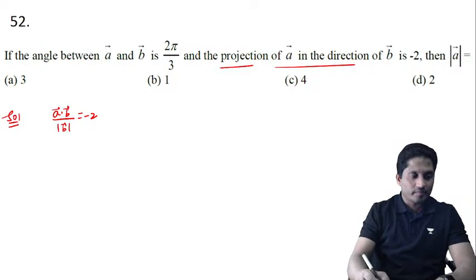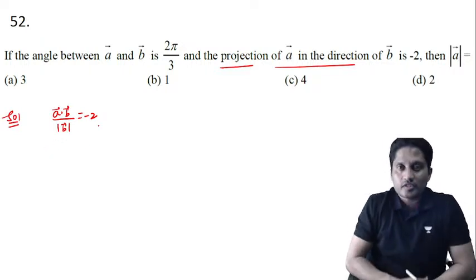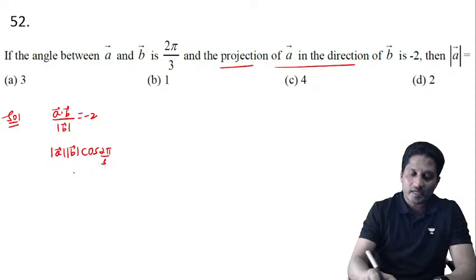A dot B is actually mod A into mod B into cos theta, that is mod A into mod B into cos of 2 pi by 3, since it is given that the angle between A and B is 2 pi by 3. Divided by modulus of B is equal to minus 2.